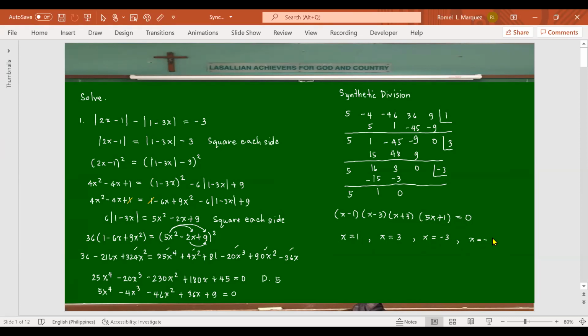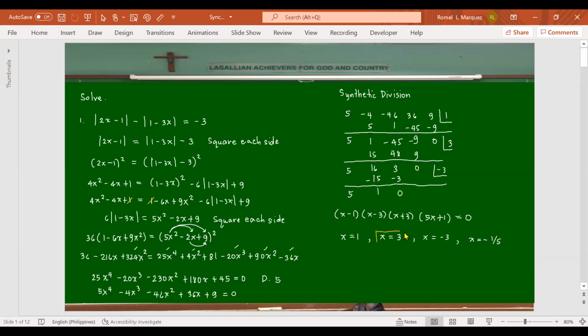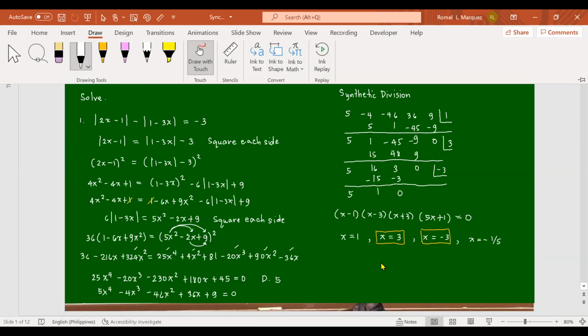If you're going to check, children, only 2 numbers will work here, that will make this equation a true statement. Only x equals 3 and x equals -3. So you are responsible for checking. Is that clear, guys? For instance, if x is 1, 2 times 1 minus 1 is 1.